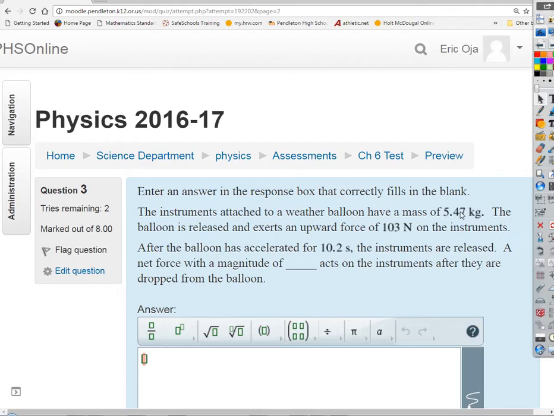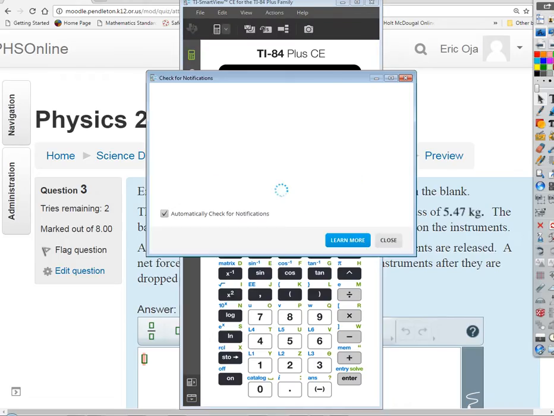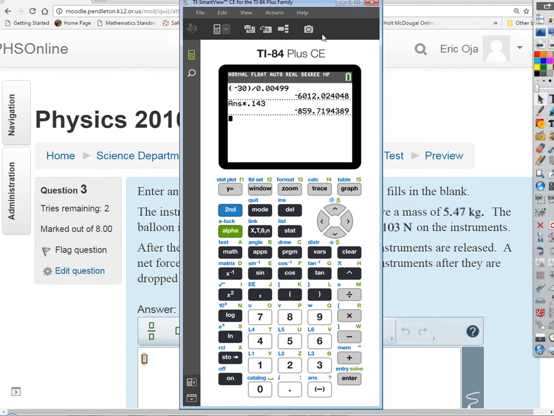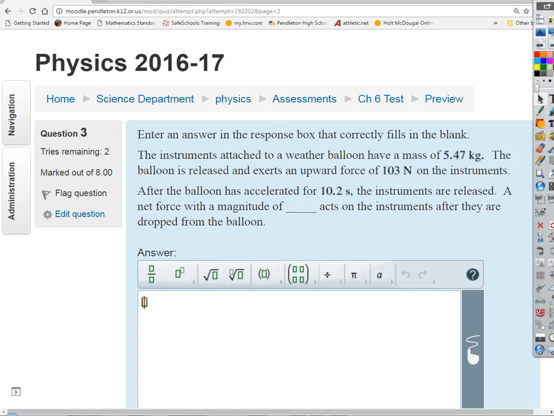Somebody with a calculator, quick, what's that give us? 53.6. Okay, we need 3 sig figs, so 53.6 newtons. There we go.